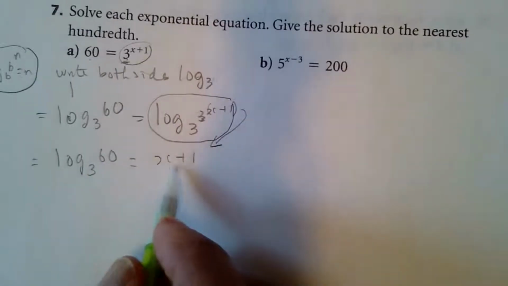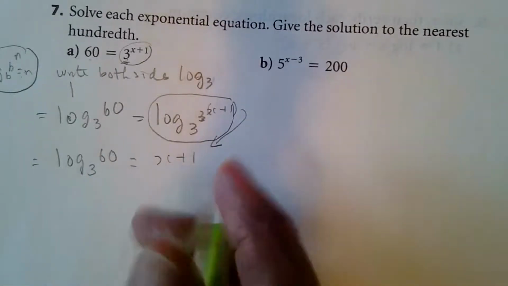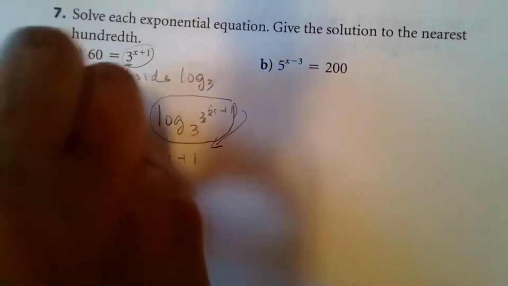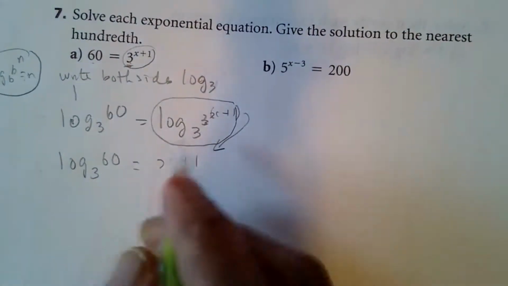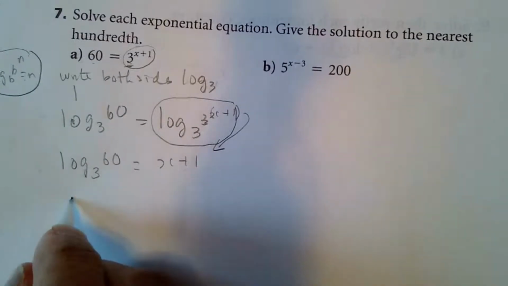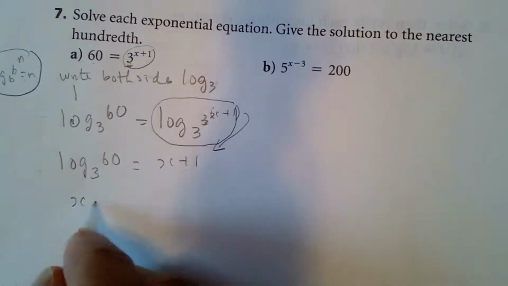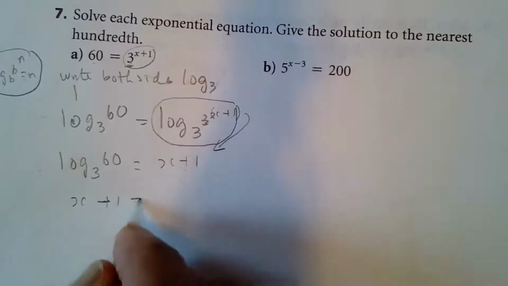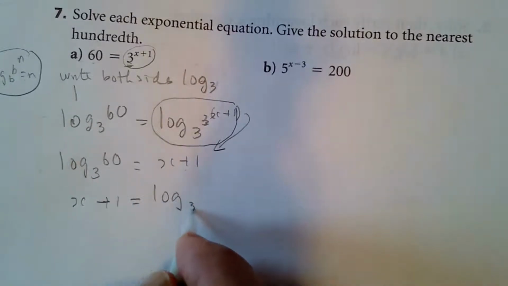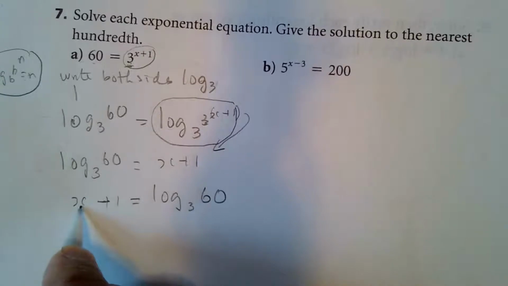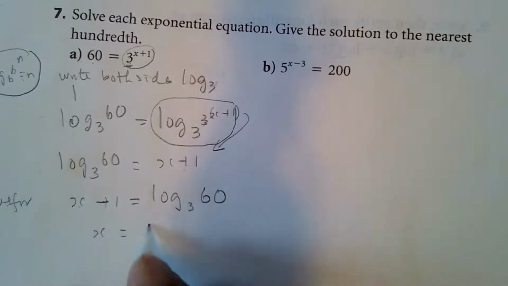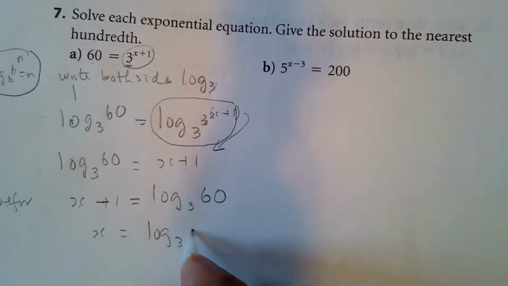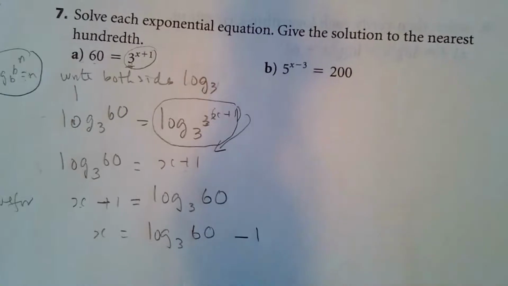Now, simplify. Now I'll move this over here. So we have x plus 1 is equal to log 3 of 60. Now I solve for x here. So x is equal to log 3 of 60 minus 1.